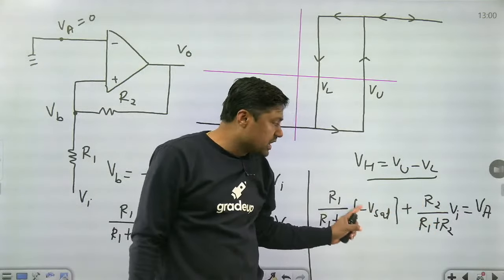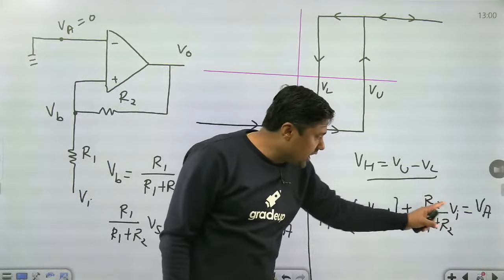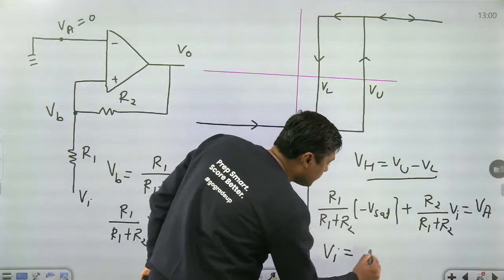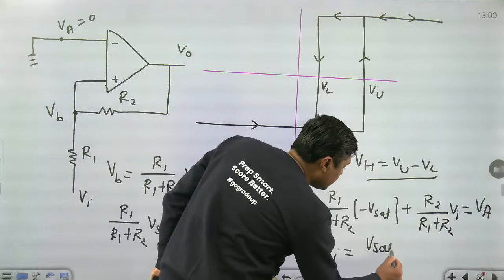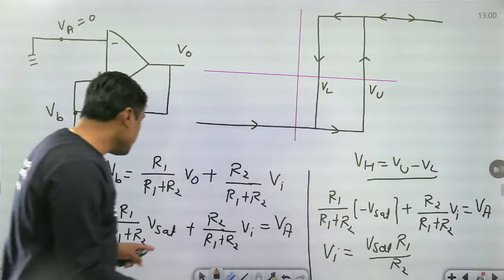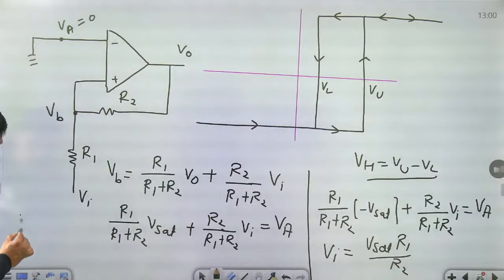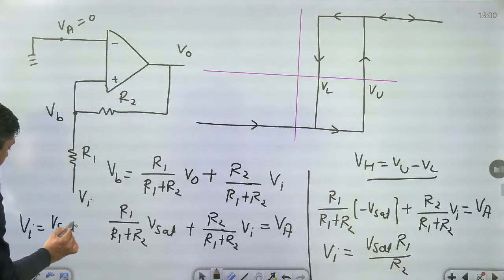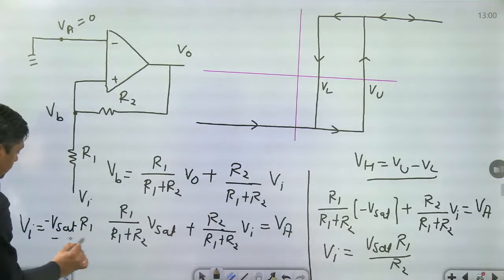This time it is negative. If VA is 0, from this formula you will get Vi equal to Vset with negative sign, R1 by R2.